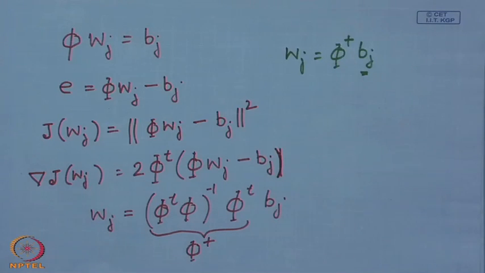Phi actually indicates what should be the output of the hidden layer nodes for every feature vector. So, from that I compute my matrix phi. So, once I have this matrix phi and I have this b j, I can compute the connection weights from the different hidden layer nodes to the jth output layer node.